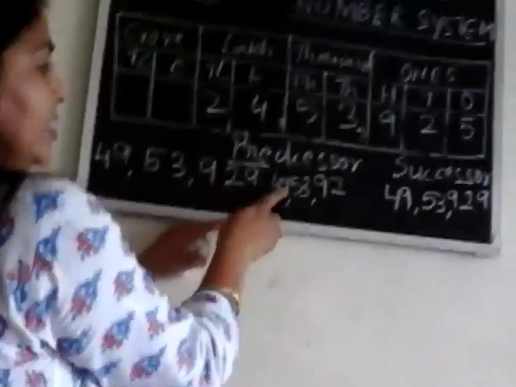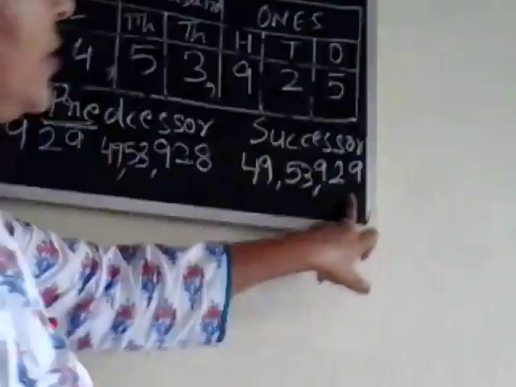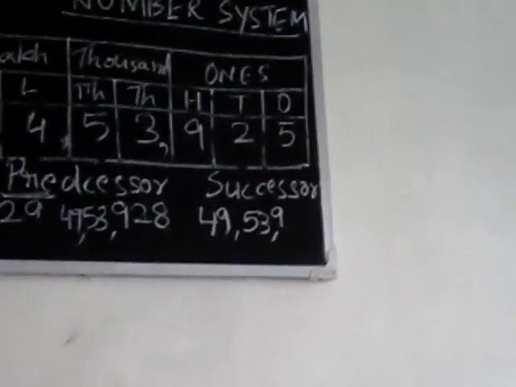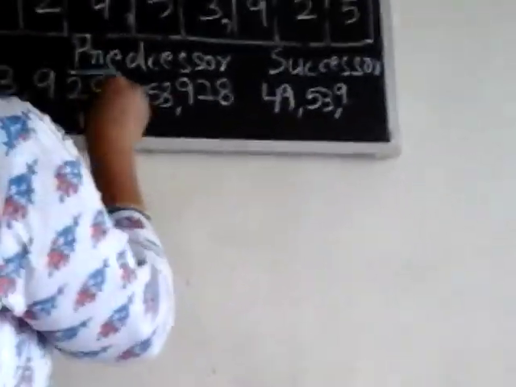That is 9 minus 1 will be 8 over here. Rest of the digits will remain the same. But what about successors? In successors we add 1. Okay. So I am going to add 1 here.